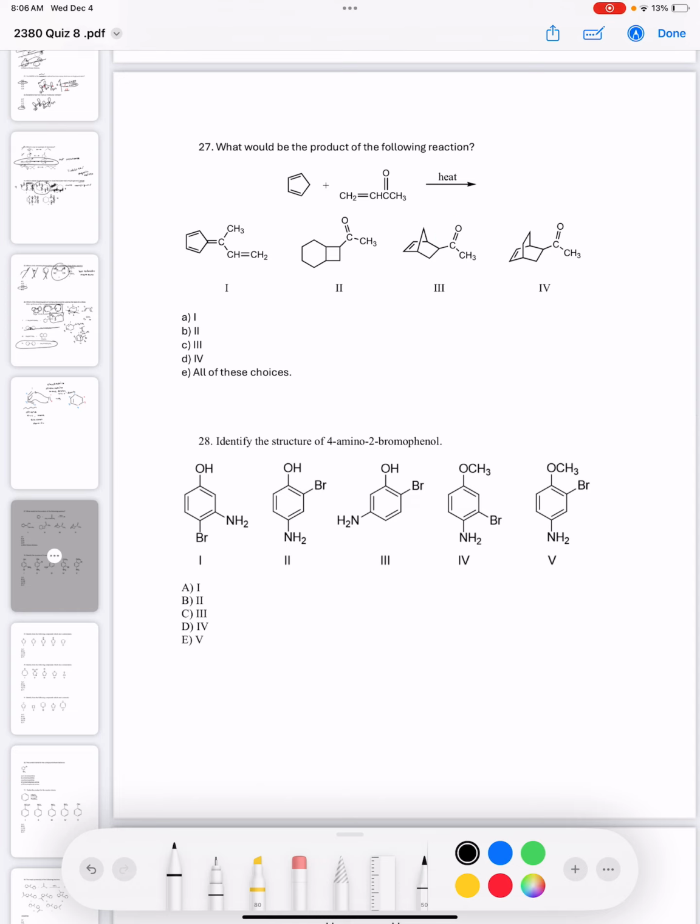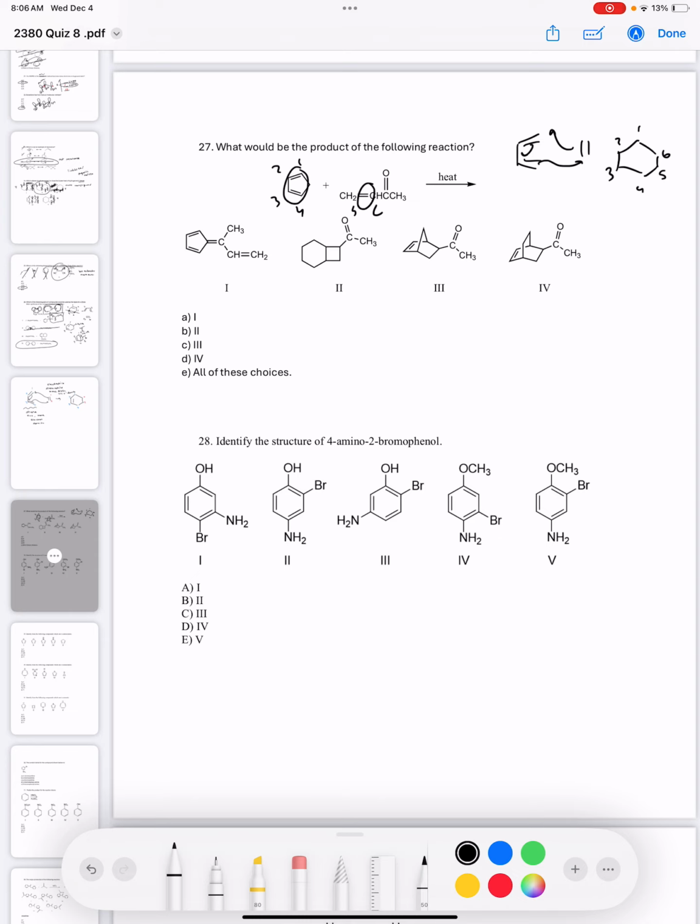Okay, what would be the product of the following reaction? So again, I see this diene with a dienophile like this, and I immediately think this is a Diels-Alder reaction. So this goes here, this goes here, this goes here, and we're going to get our 6-membered ring. So 1, 2, 3, 4, 5, and 6.